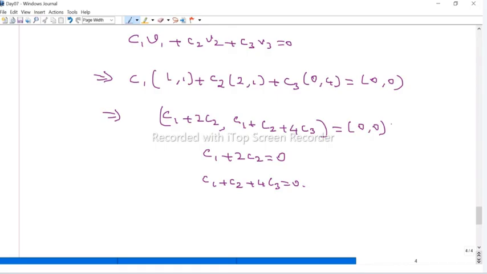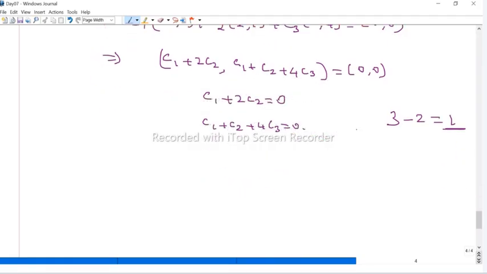There are three unknowns and two equations, 3 minus 2 is 1, so you can take one variable as a free variable. You can choose any value. So pick C3 equal to some value, I take some t.